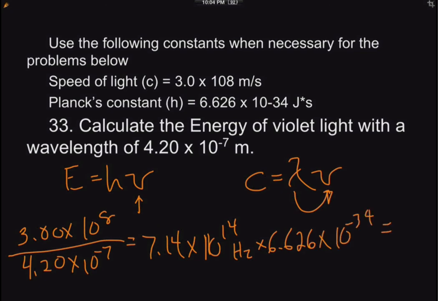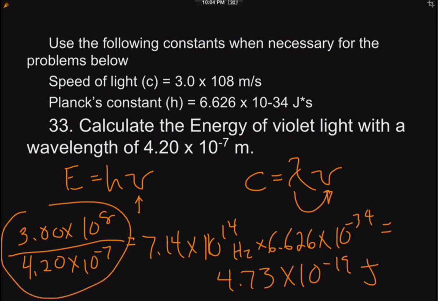And that gives us an answer of 4.73 times 10 to the negative 19th joules for energy. So 2 steps when you've got wavelength and you want energy: you first have to do the 3.0 times 10 to the 8th divided by the wavelength. Take that answer and multiply it by the 6.626 times 10 to the negative 34th.